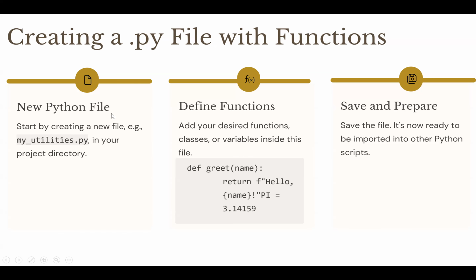Okay, once we have created the file, we have to add a specific function into that file. How to add our required functions or classes into the file? That is by using the keyword def. Here, def is a keyword to define a function followed by the name of the function.